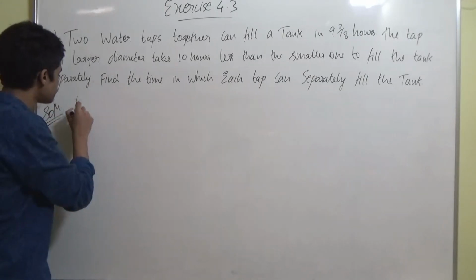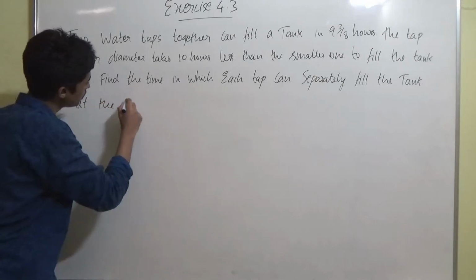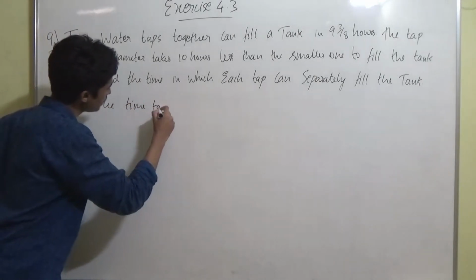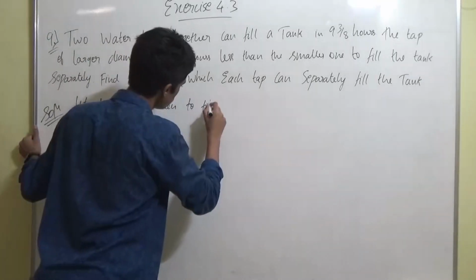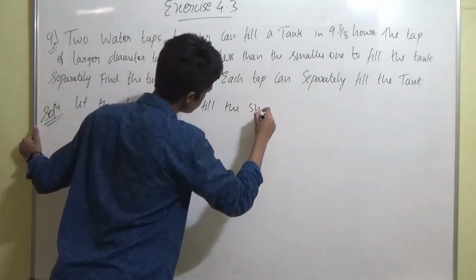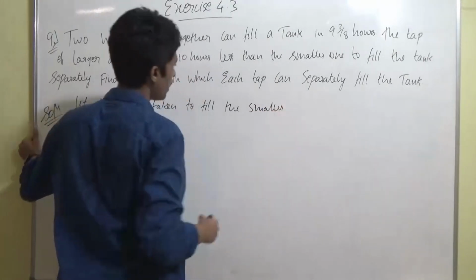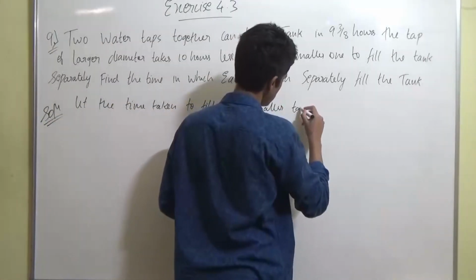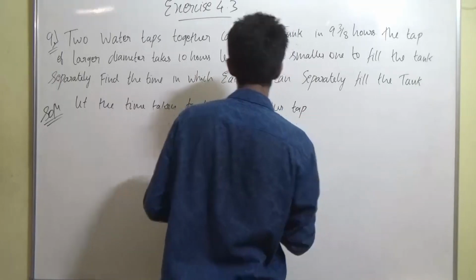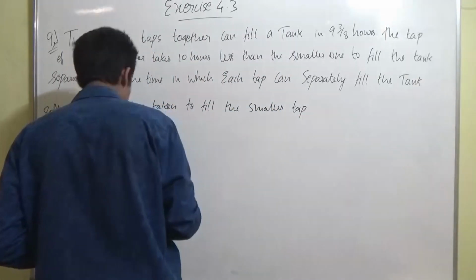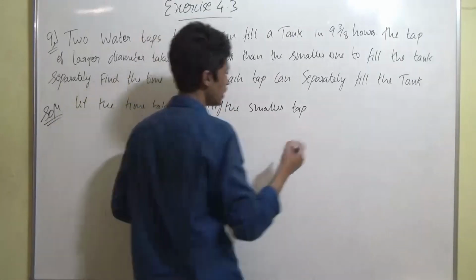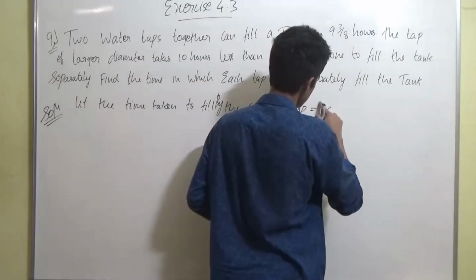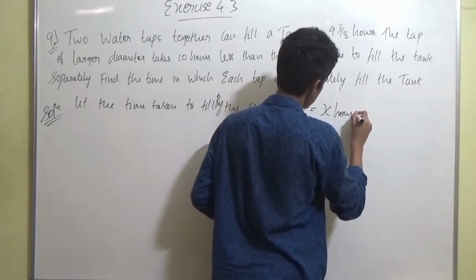So let the time taken to fill by the smaller tap be equal to x hours.